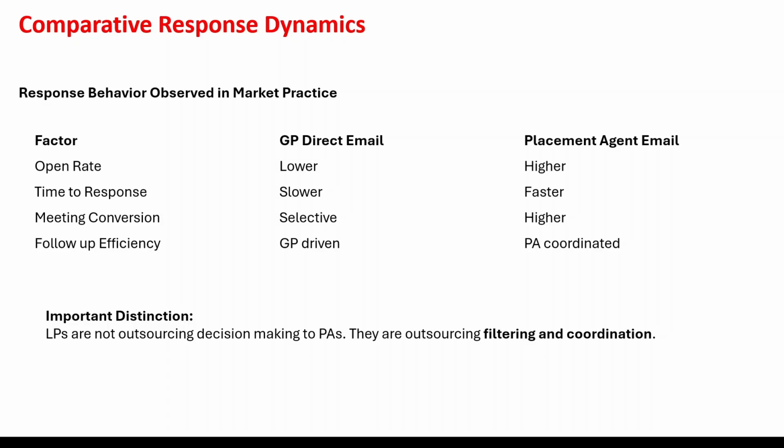Meeting conversion: very selective if it's a GP direct email. It's higher if it's a placement agent. And follow-up efficiency is generally GP driven, whereas with the placement agent email, it's going to be coordinated by them. So an important distinction: limited partners are not outsourcing decision making to placement agents. They're outsourcing filtering and coordination. So it's a key aspect.